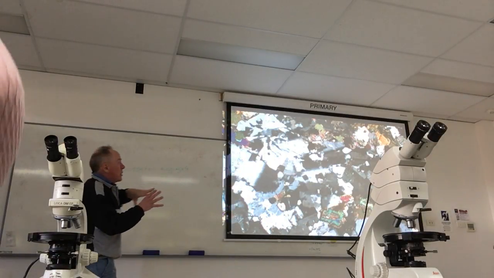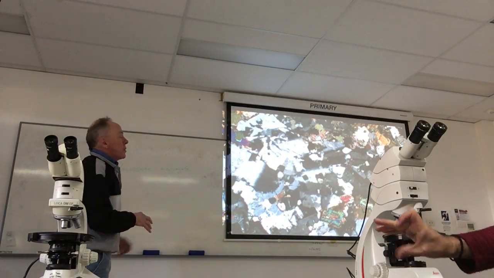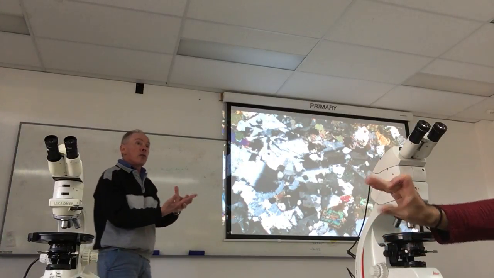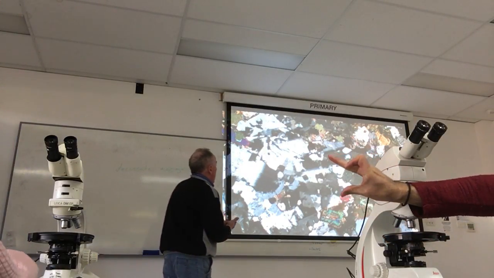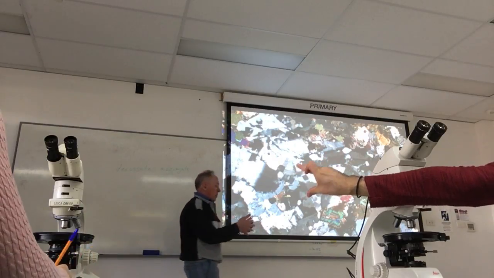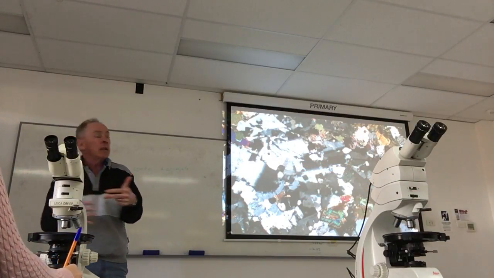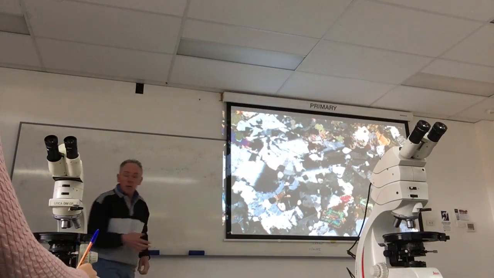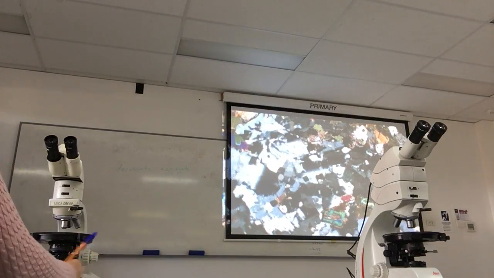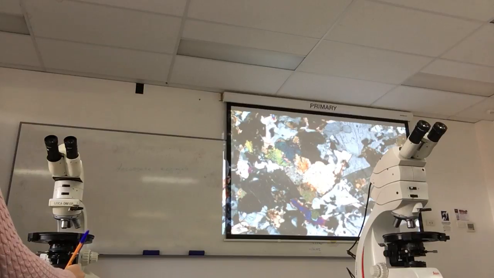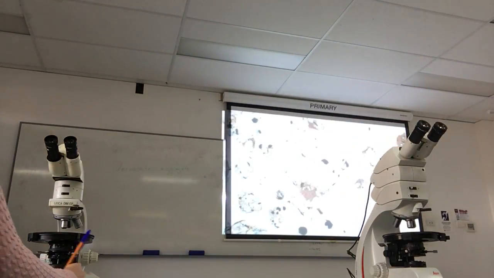That's the sort of thing you're going to be using to help you with crystallisation orders. So inclusion relationships, to an extent the habit, euhedral, subhedral, anhedral, but you've got to be a bit wary of that. The olivines in this, for example, are all rounded off. Let's go back to plain white.